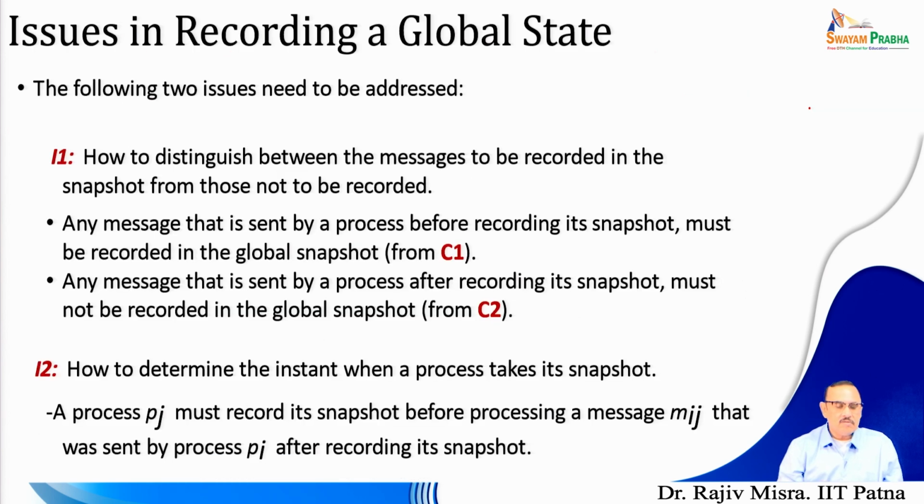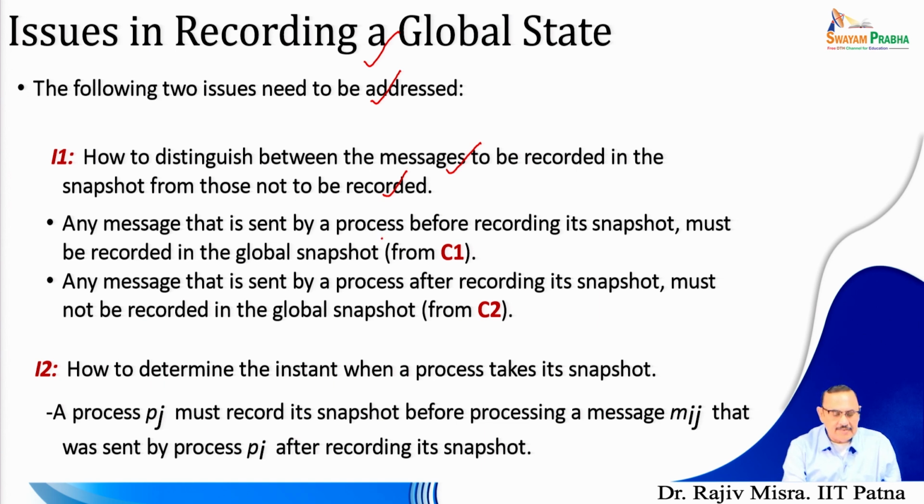Now, let us see about the issues in recording a global state. There are the following two issues which need to be addressed. One is how to distinguish between the messages to be recorded in the snapshot from those not to be recorded in the snapshot.